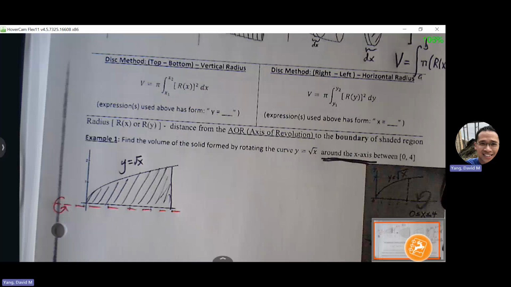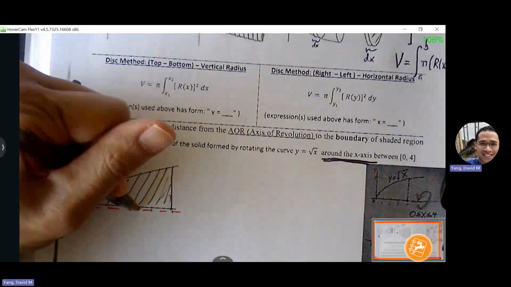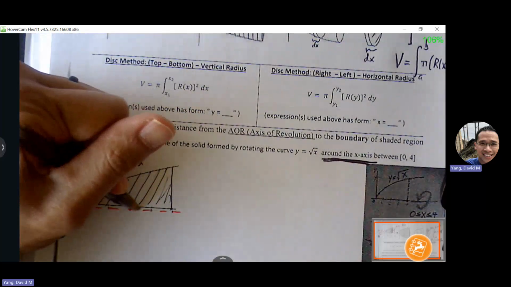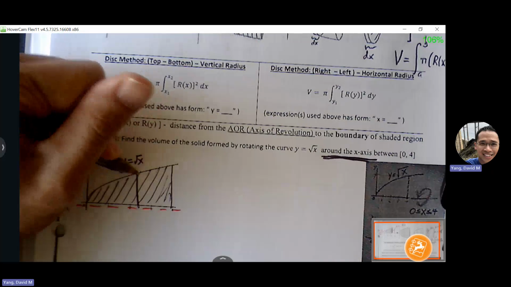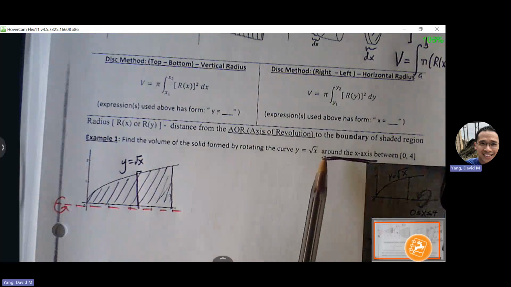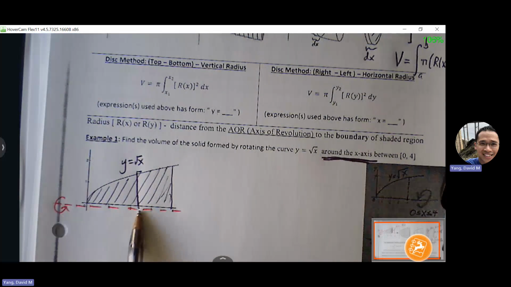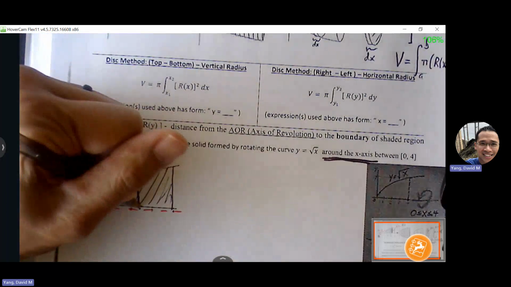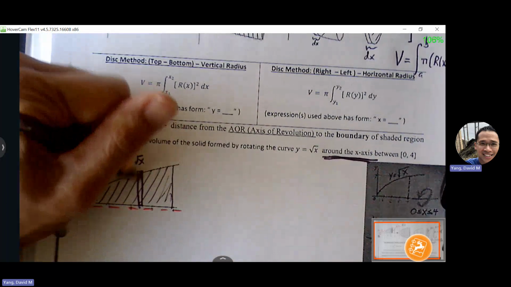And that's how we can start at this axis and extend to the boundary, which will represent the radius of our circular region. Whenever you draw your radius, I like to always start on the dotted line and then extend to the graph. I know it doesn't seem like a big deal right now, but when we introduce the washer method and there's more than one radius, we want to make sure that we have our anchor. Our anchor is our axis of revolution. That's our center. So from the center, you're going to extend to the boundary.